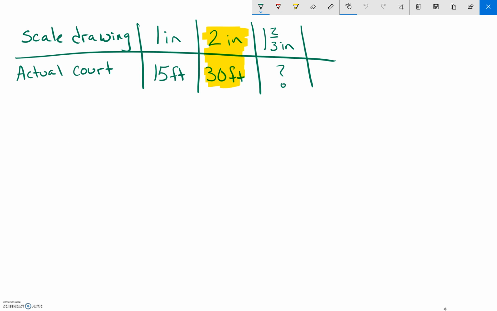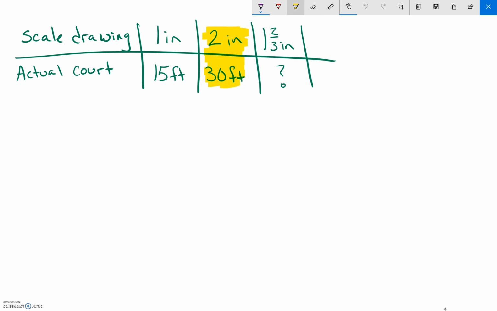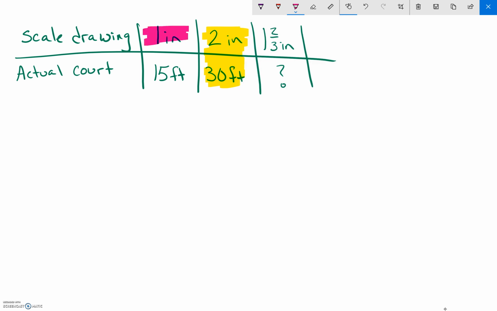We're going to pull information directly from the table, and we're going to set up what is called a proportion. So we know this. We have a unit rate right here. We know that 1 inch is 15 feet. So I'm going to write that down. 1 inch on the drawing represents 15 feet on the actual basketball court.